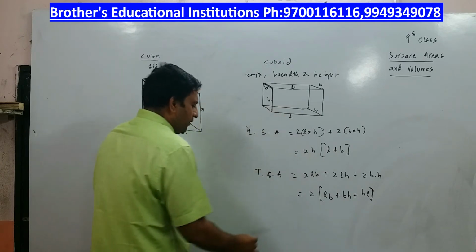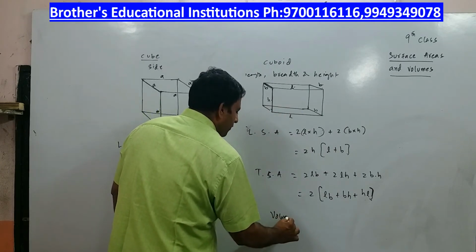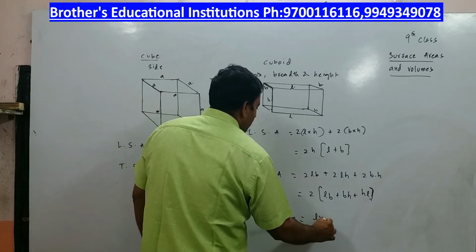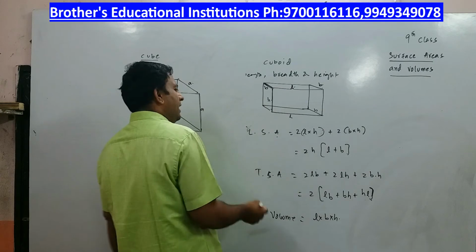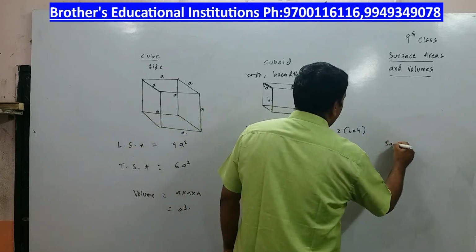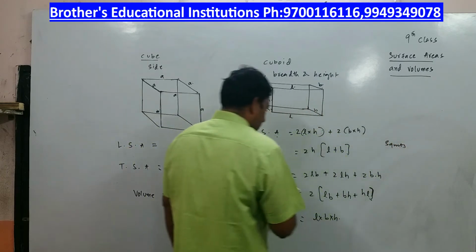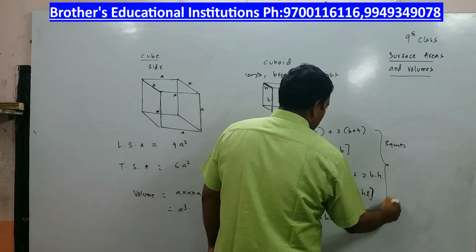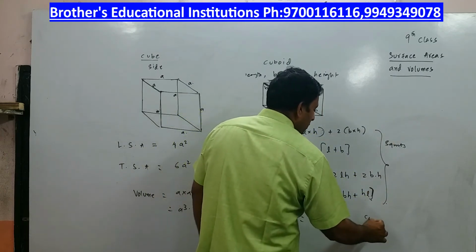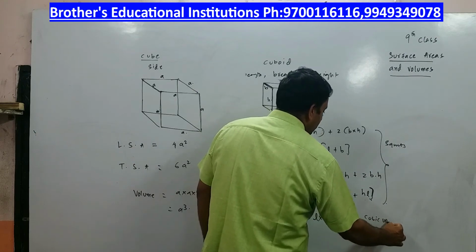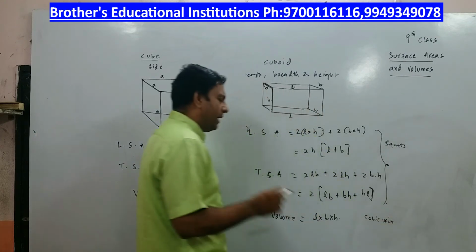And if I ask you to find the volume, the formula for volume is length into breadth into height. See, when you are dealing with area, area will always be square units. Even this is also area. But when dealing with volume, volume will be cubic units. Why am I writing cubic units?